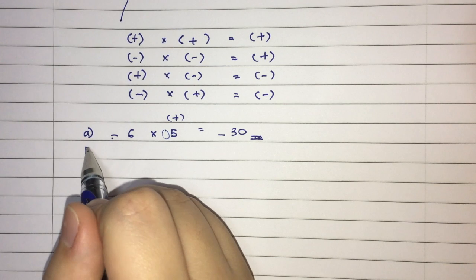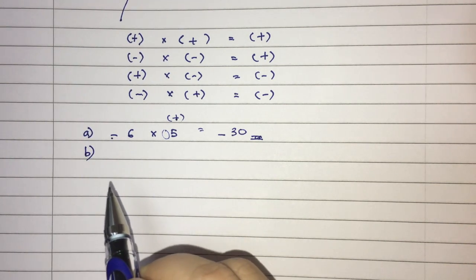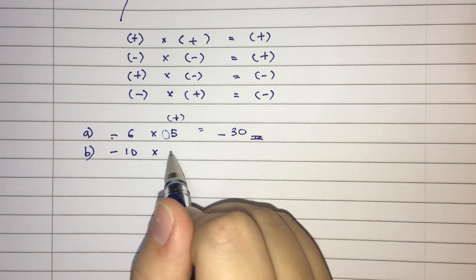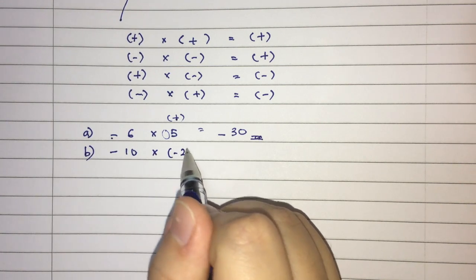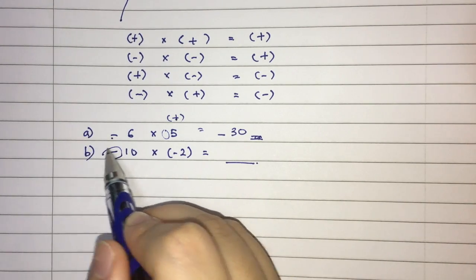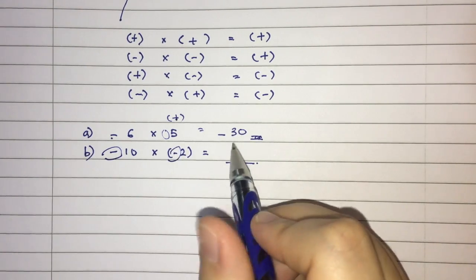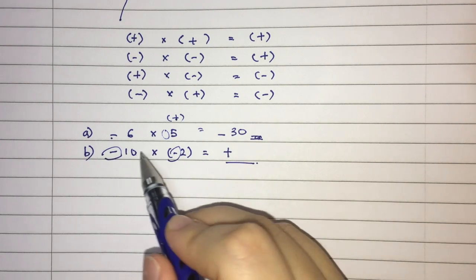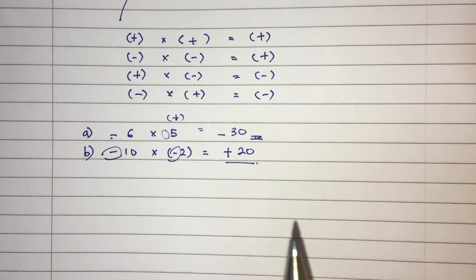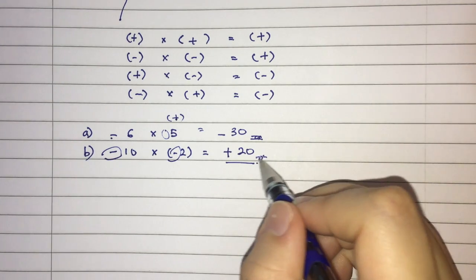So let's try another example. For negative 10 times negative 2, what will be the answer? So we got a negative and a negative, so it will become positive, and 10 times 2 is equal to 20. Yeah, we got the correct answer.